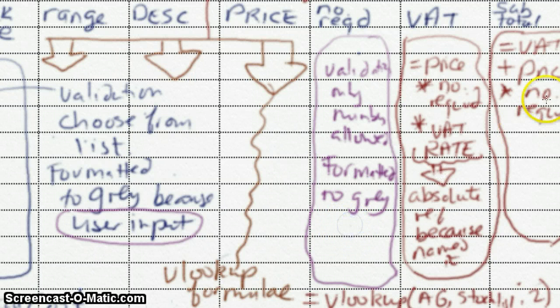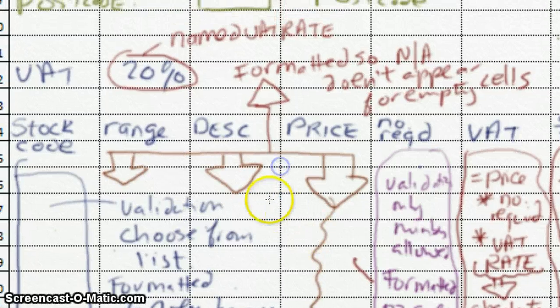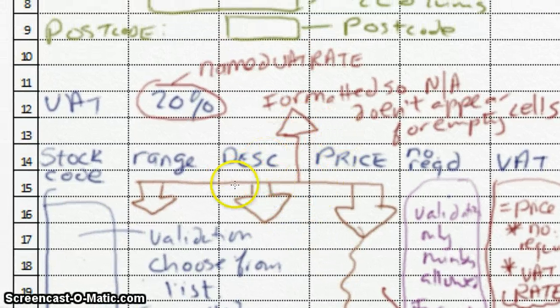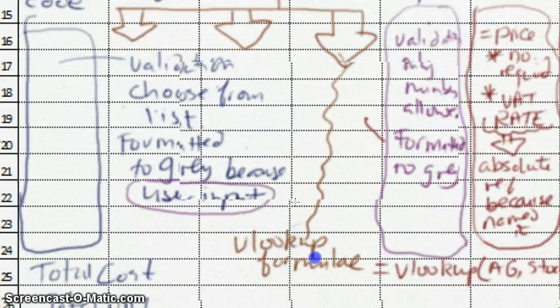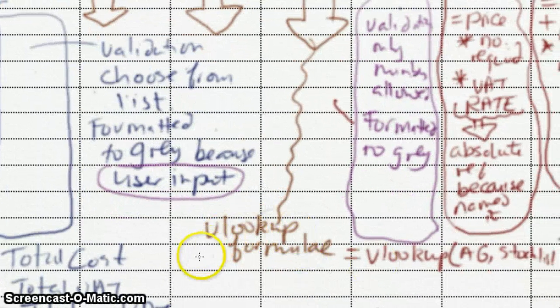And we put the formula in for subtotal, which is the VAT plus the price times the number required. Okay, and then the other things that I've highlighted here is that you've formatted these ranges. If you named VAT, then say you named it. If you didn't, use always B, always 11, and I've said what the VLOOKUP formula is.